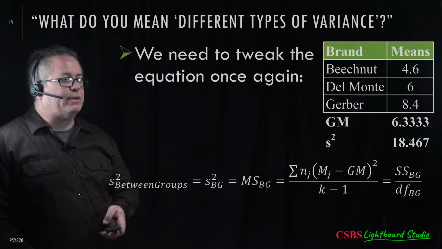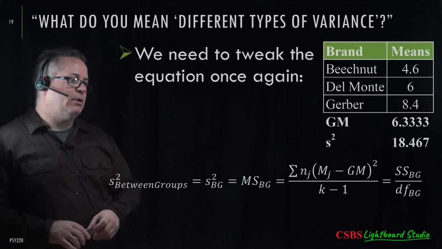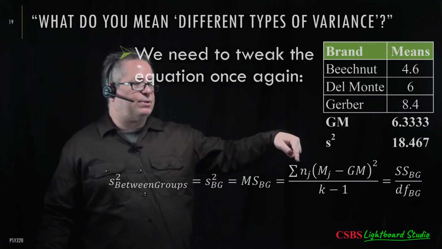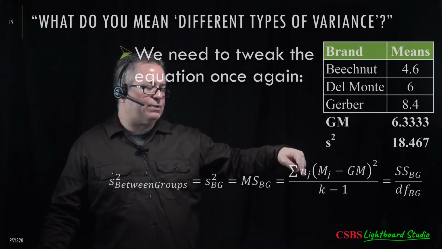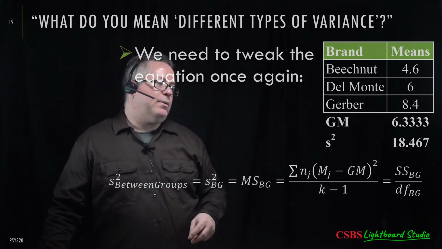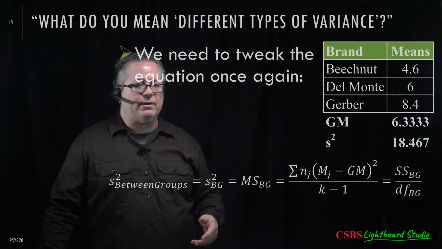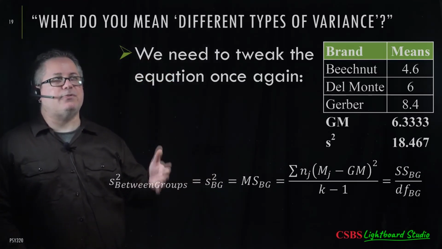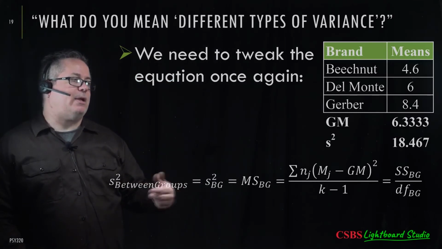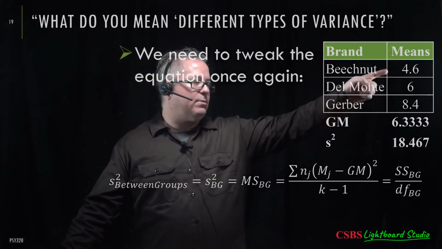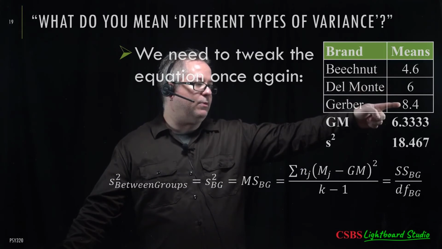So what would that look like? Well, for a second, I want you to just ignore the n. So instead of thinking about the deviations of each score around a mean, I now have these 3 means, right? The mean of group 1, mean of group 2, mean of group 3.